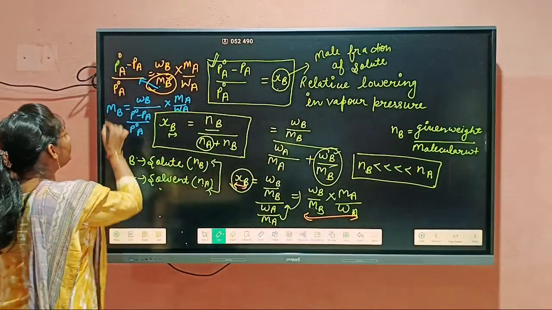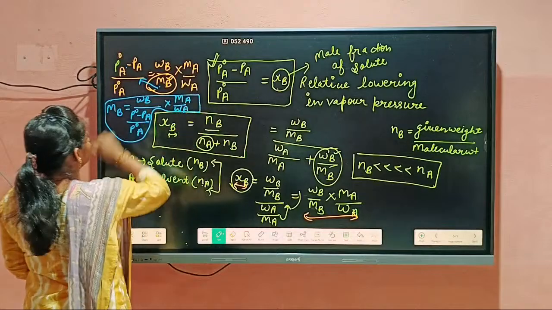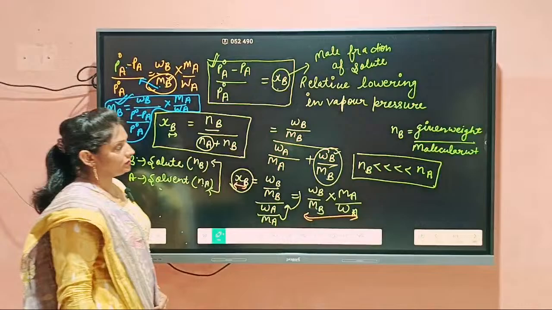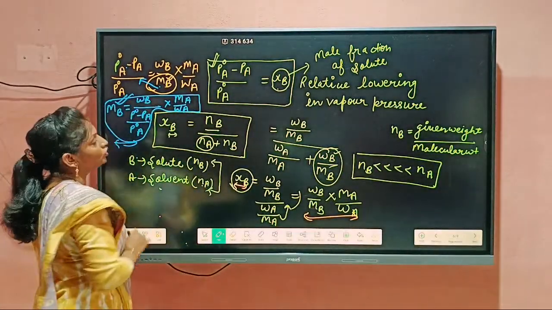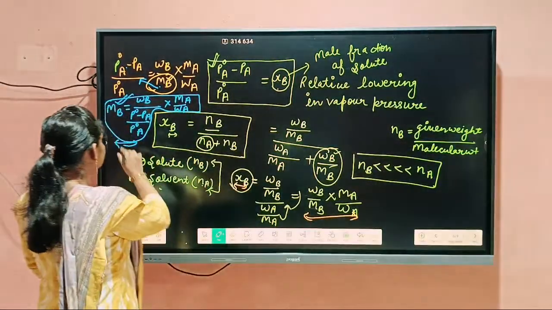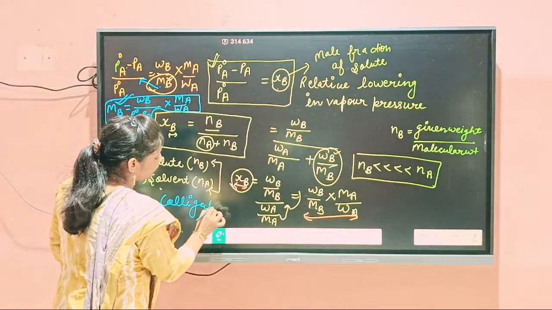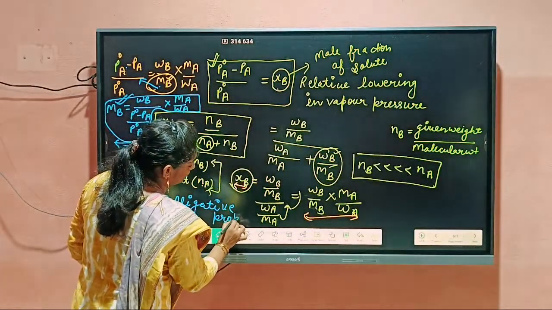Okay, students, so by this we can calculate the molecular mass of the solute. Because it depends only on the number of solute particles, it is a colligative property. I hope it is clear to you.